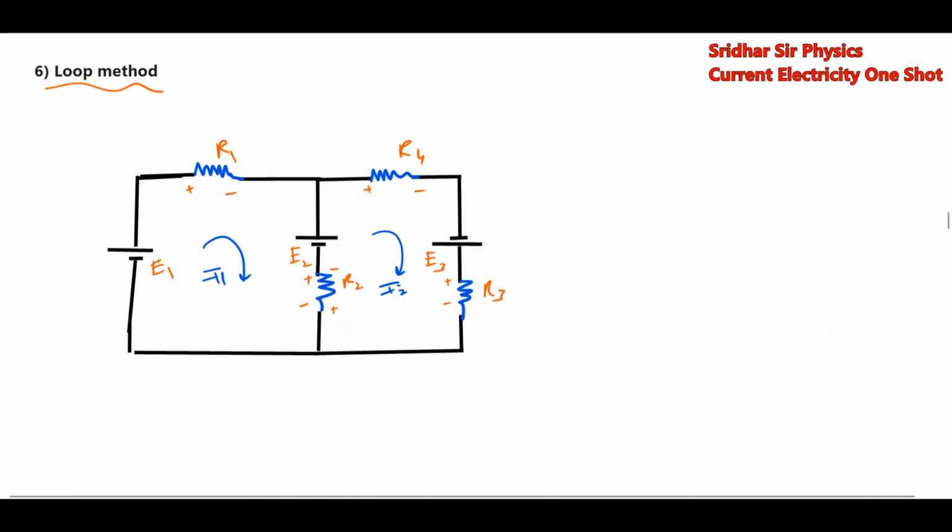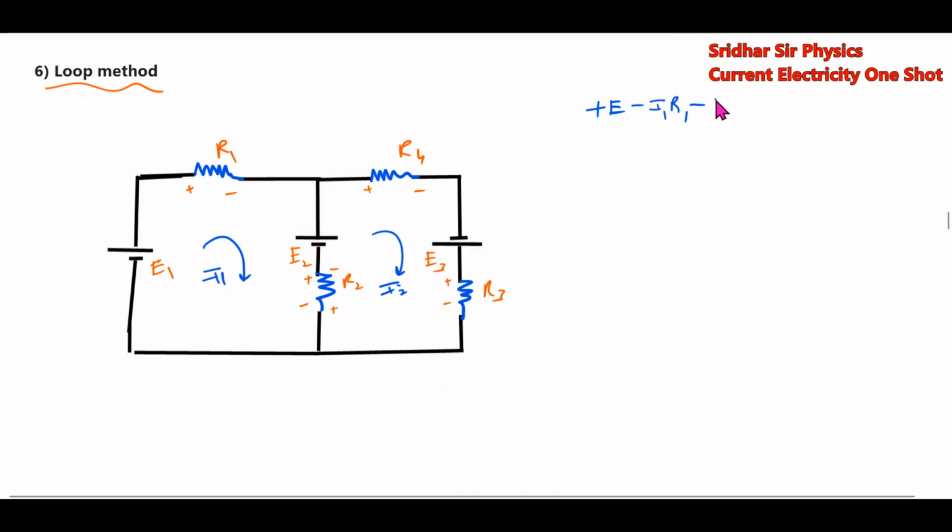Then we have to write the loop equation. Traverse the loop. So we are going to traverse plus E1. I move from the lower negative to the positive terminal, a rise in EMF. Then minus I1 R1. If you move from higher to lower potential, it is a fall, a drop.